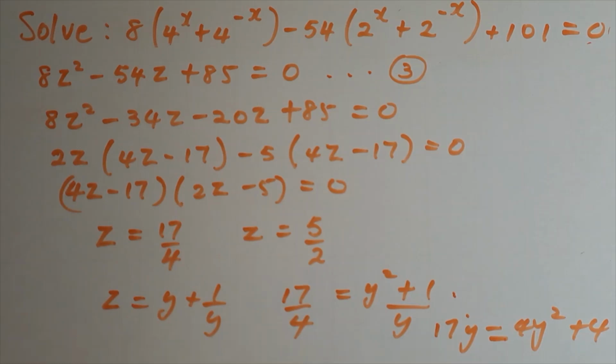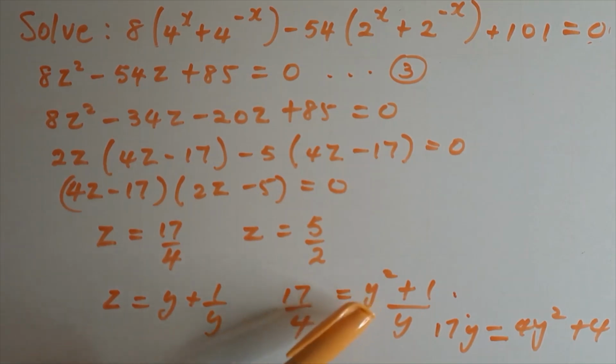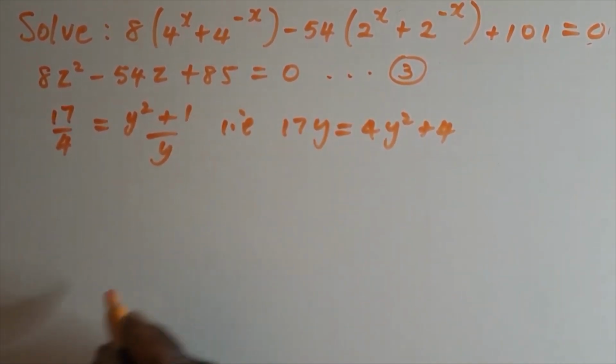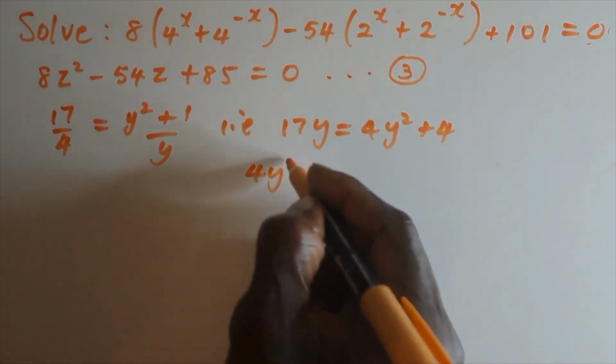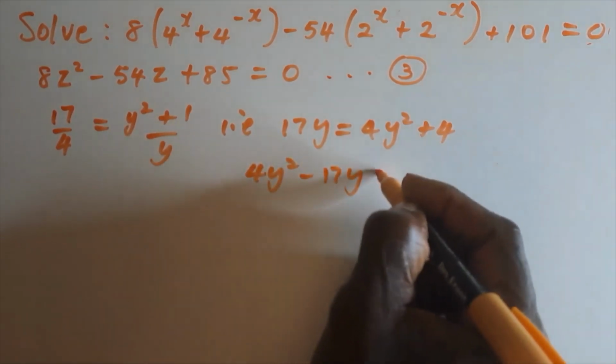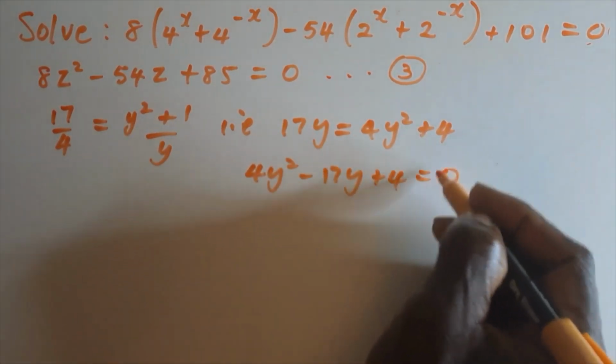So 17Y is equal to 4Y squared add 4. We cross multiply here, 17Y equal to 4Y squared add 4. And we can rearrange this as 4Y squared minus 17Y add 4 is equal to 0.